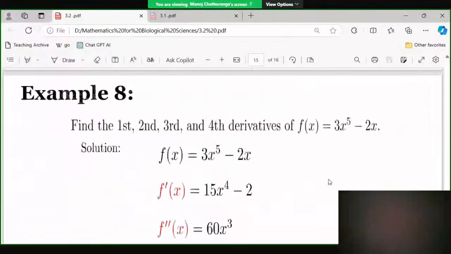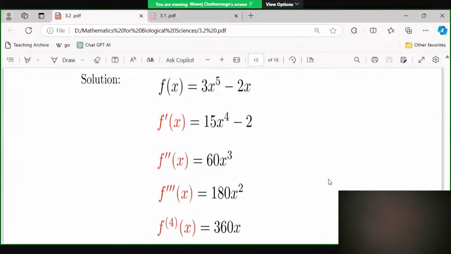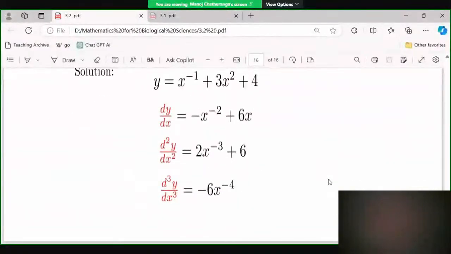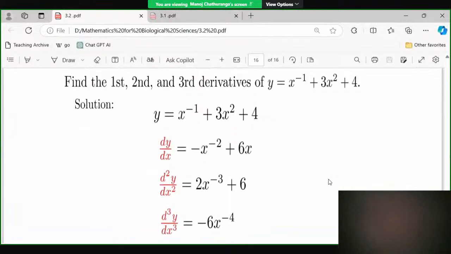And we'll see some applications of higher derivatives too. So, for example, for this given polynomial, we can see the first few higher derivatives. Keep differentiating a function, and that gives you higher derivatives.